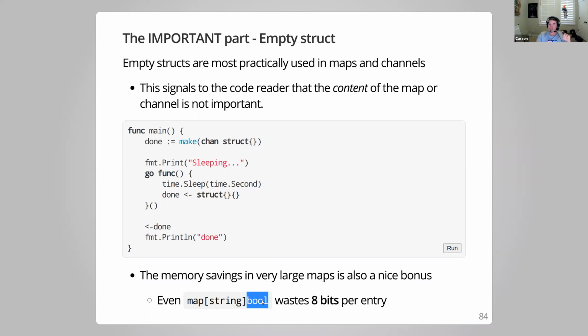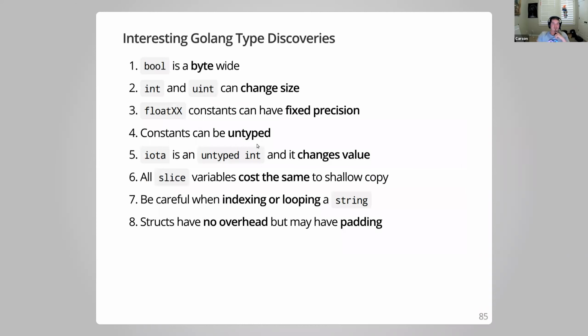Don't use a Boolean because that's 8 bits, a whole byte every time, but use empty struct because the value takes up no space in memory. If you see this a lot, the double brace invocation throws people off a bit, but you're defining an empty struct and then making an instance of it. And again, the main thing is your consumer doesn't have to wonder what the value means because there is no value. So structs have no overhead, but may have padding.